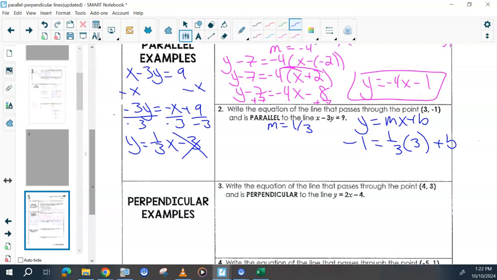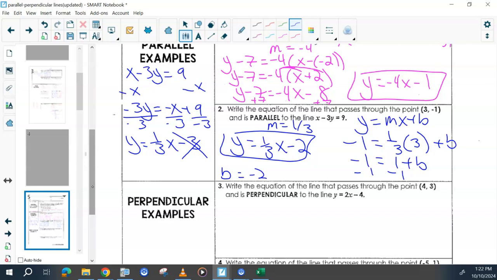Then we can multiply 1/3 and 3 and get 1. So that once we get that y-intercept, we can rewrite our equation. y equals 1/3 x minus 2.